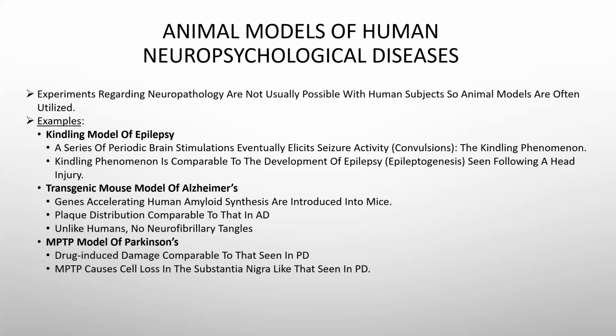And then finally, in Parkinson's disease, we are able to inject MPTP, which we know will destroy the dopamine in the substantia nigra. And that lack of dopamine in the substantia nigra is a model for Parkinson's disease.